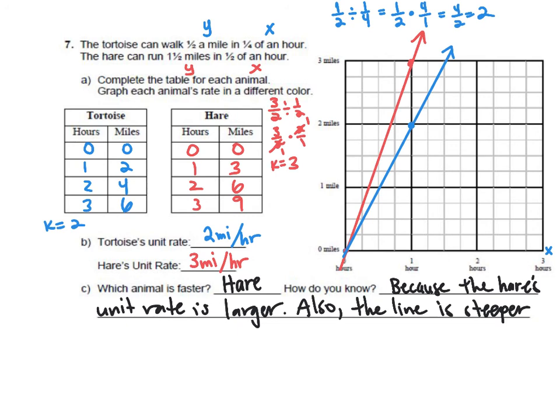Just I'm like providing some foreshadowing. Spoiler alert. Okay? We're going to cover that when we hit slope. But basically, if you look at the steepness of the line, the hare's line is steeper because it's going more miles per hour, right? It's reaching a higher speed faster.